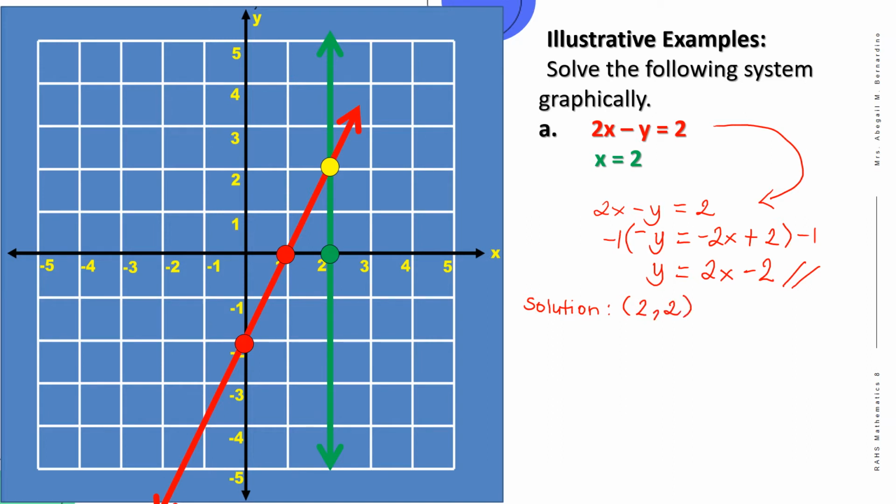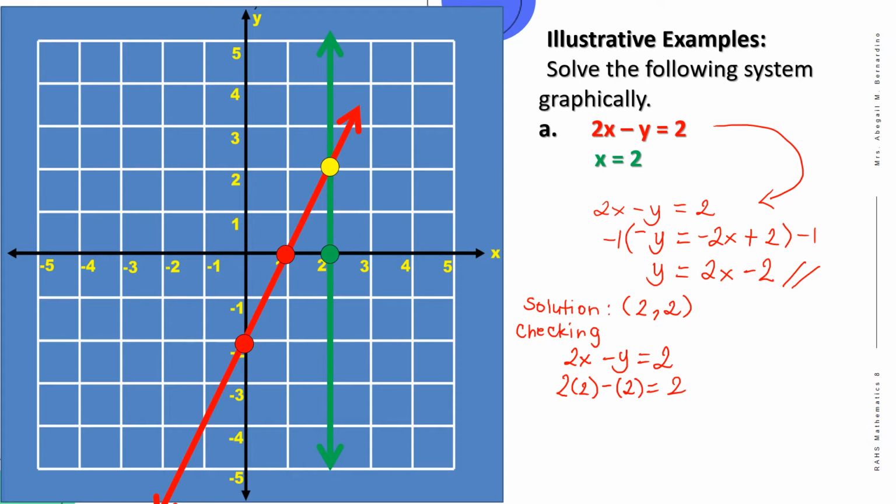Now, we're going to check if we have the correct solution. Checking. Simply use equation 1 and equation 2 to know if we have the correct answer. We have 2x minus y equals 2. Then, substitute x by positive 2 and y with a value of positive 2.